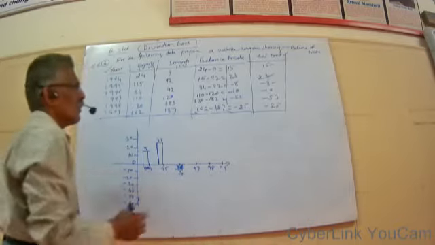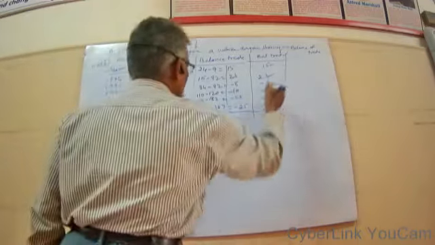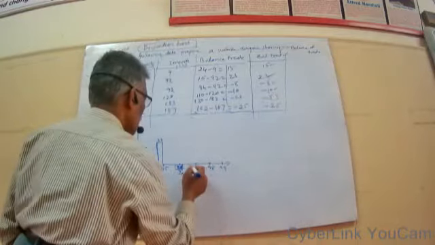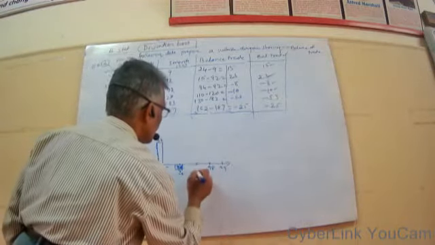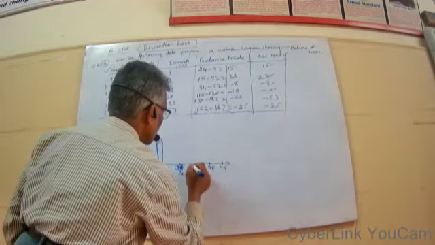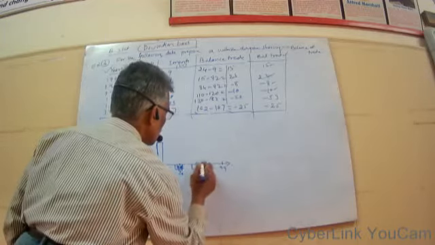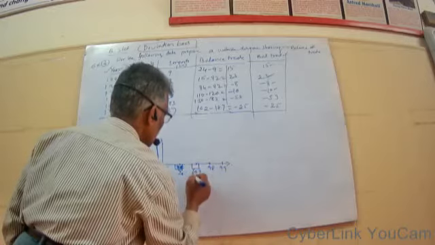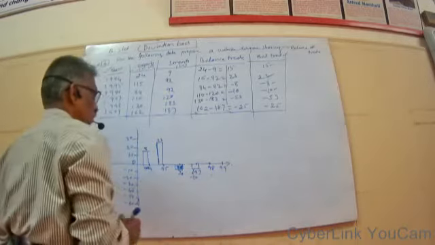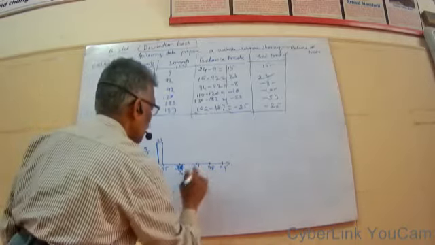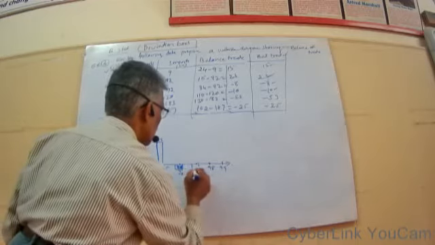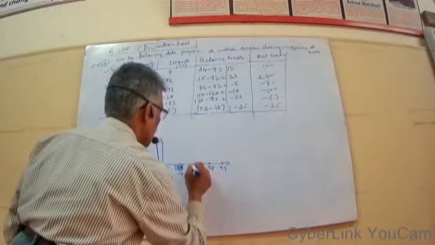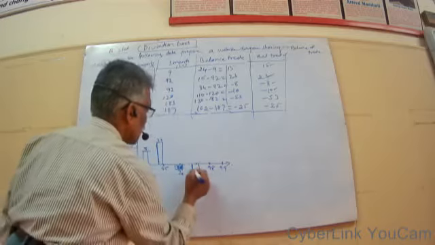For 96. For 97, minus 10 is again here, a little more, so this should be bigger than this.